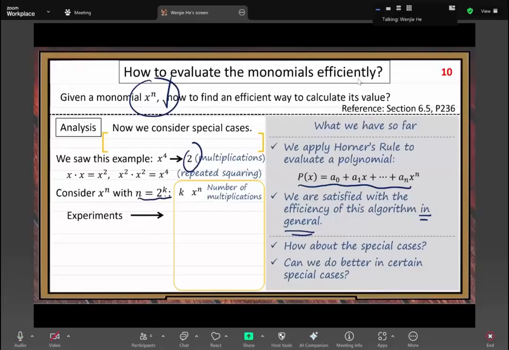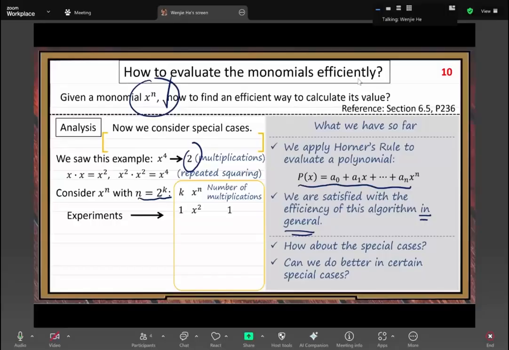When k equals 1, x to the 2 to the first, because n equals 2 to the k. So it's x squared. You calculate x squared, so you need 1 multiplication.